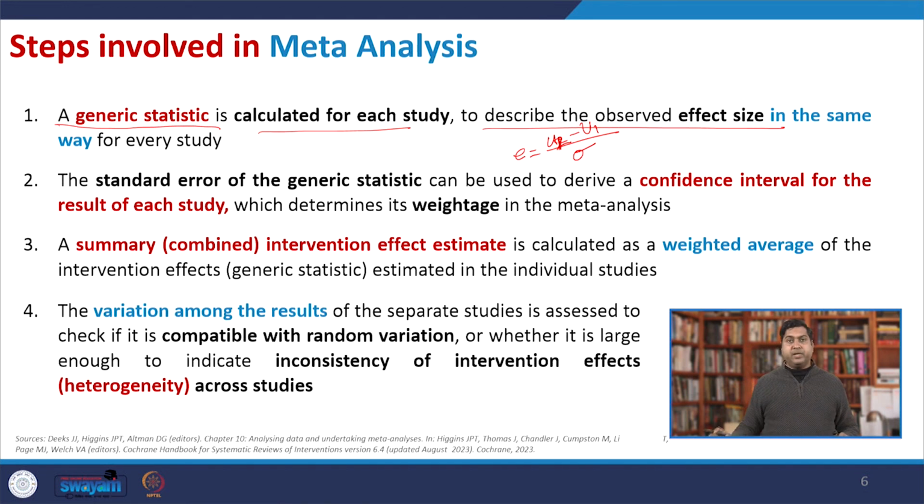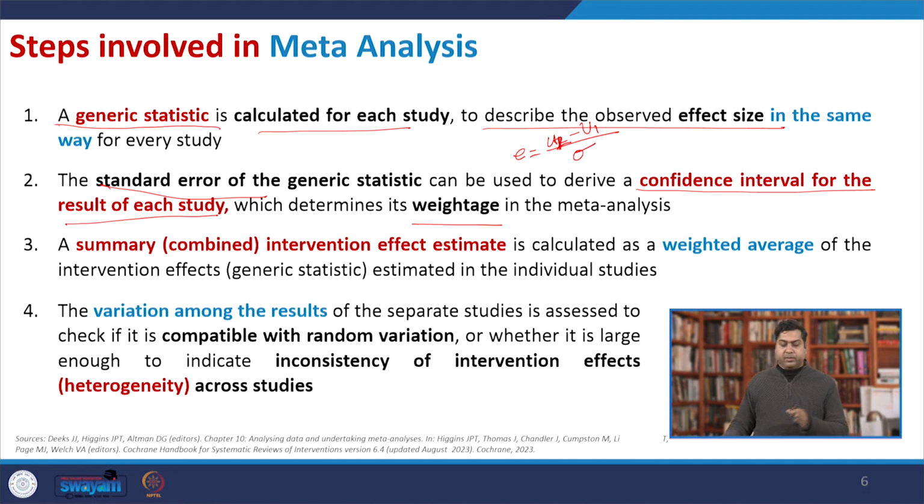There are different ways to calculate the statistics, and for those kinds of estimation there will be a standard error, which is used to derive the confidence interval of each result, which determines its weightage in the meta analysis.